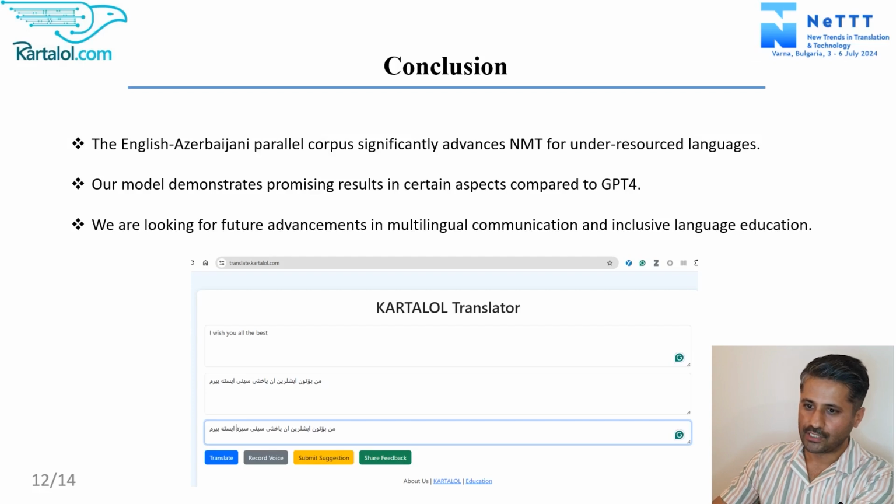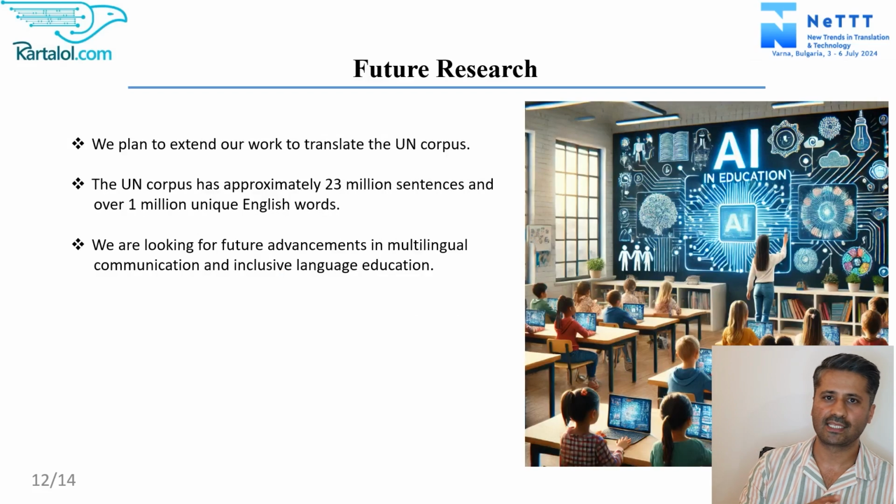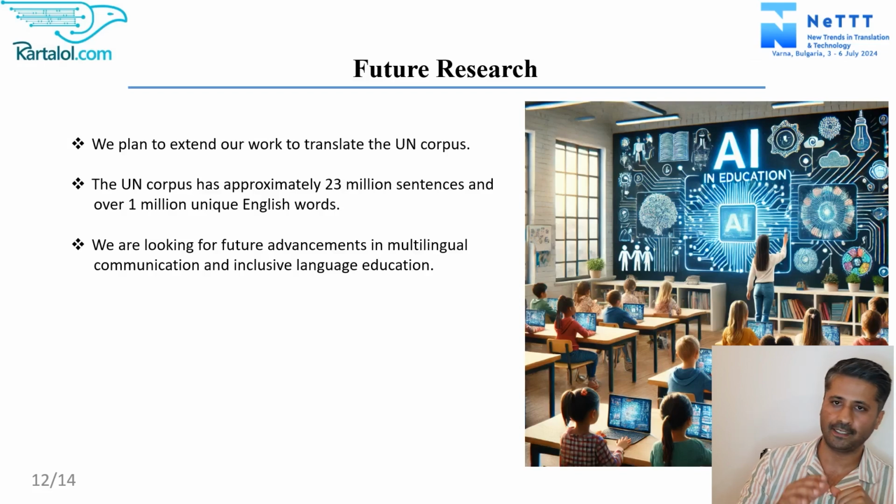So, future research. For future research, we plan to extend our work to translate the UN corpus. Probably you know about the UN corpus. It is around 23 million sentences, published publicly on the United Nations website, so you can see it.